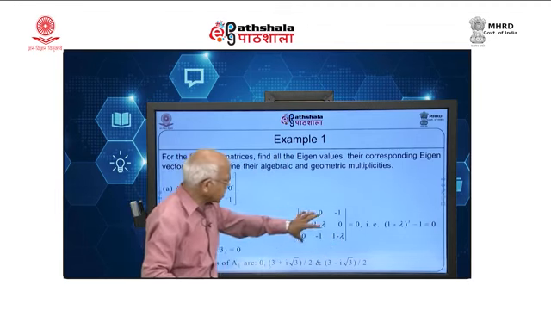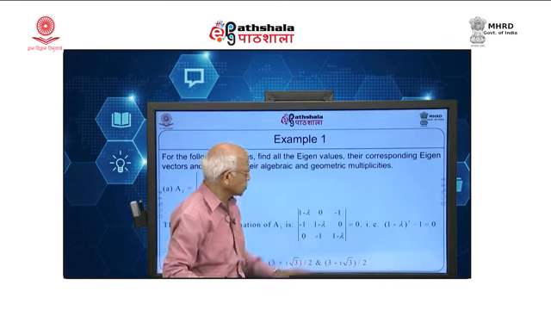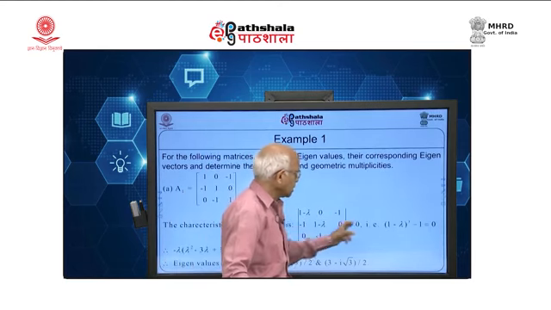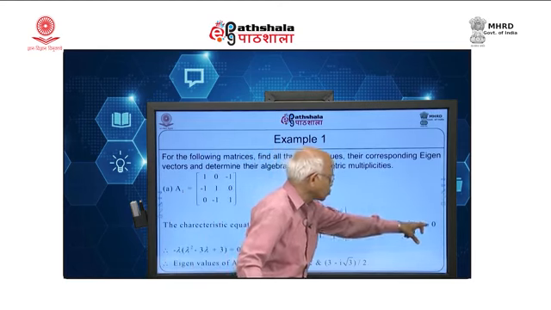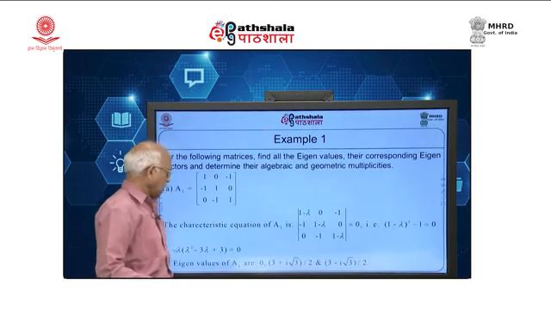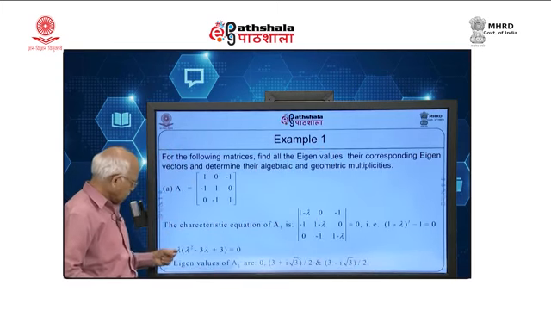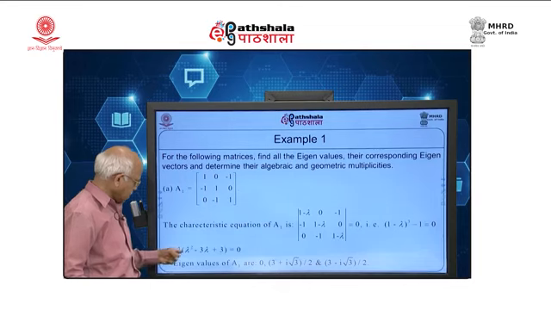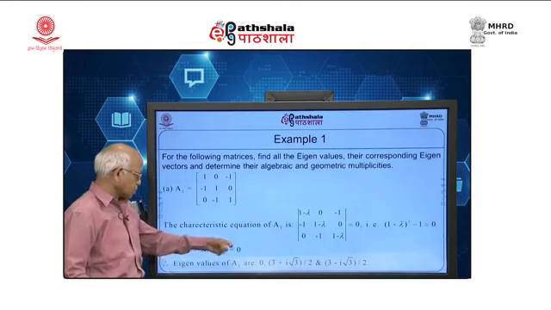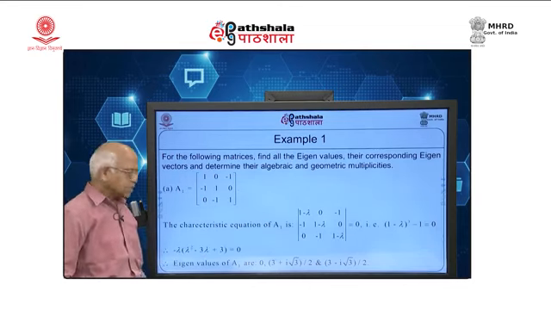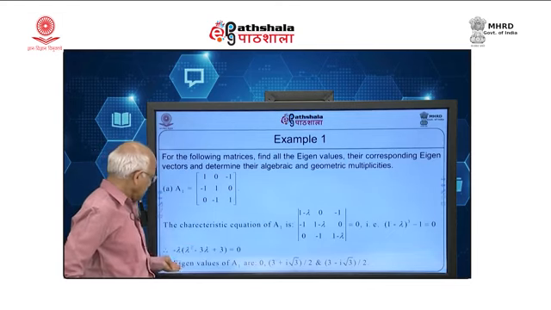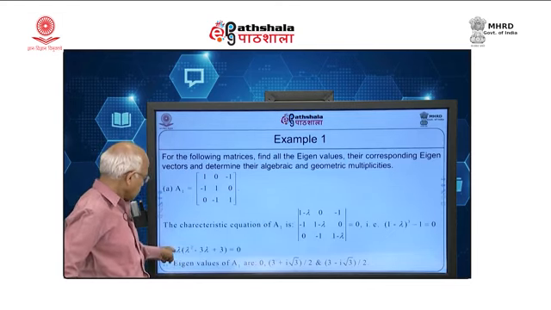When you compute this determinant, it will be (1 minus lambda) cube minus 1 equal to 0, and therefore I will get the equation lambda into (lambda square minus 3 lambda plus 3) equal to 0, and this equation very clearly has roots.